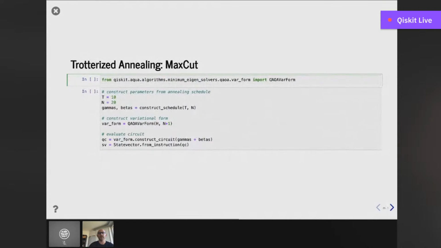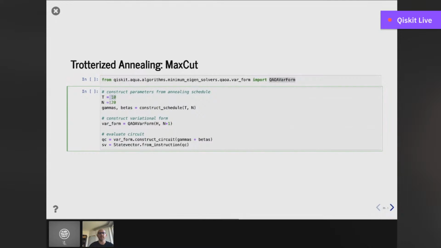Now, in Qiskit, we have this QAOA variational form. And I'm now quickly jumping back to trotterized annealing to show the link again. This variational form is a variational circuit similar to the one that I've shown in previous slides. And we can use this to reconstruct trotterized annealing by just constructing the schedule again as before.